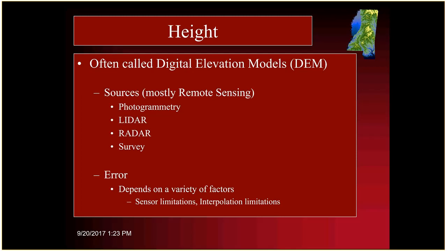So going down this way, photogrammetry doesn't penetrate the canopy hardly at all. LiDAR does a bit, and radar can, depending on the specific wavelengths that are used. Radar can penetrate the canopy quite well. And then survey actually has no problem with the canopy, but you're not collecting a lot of points.